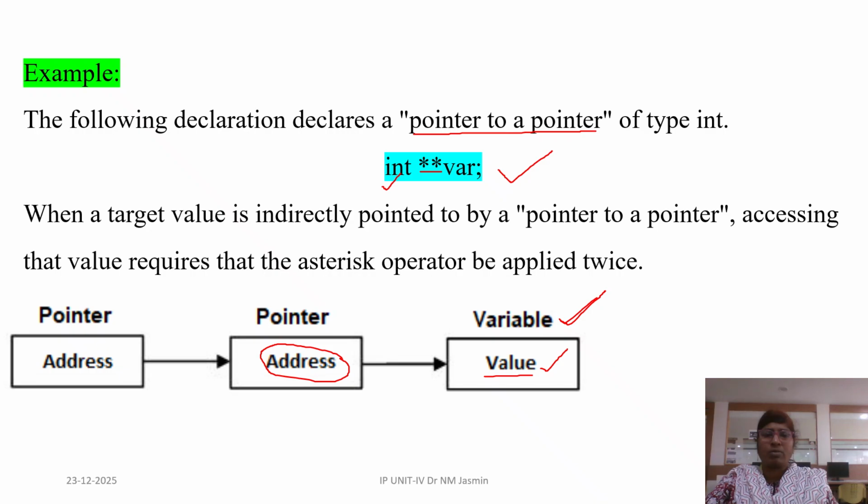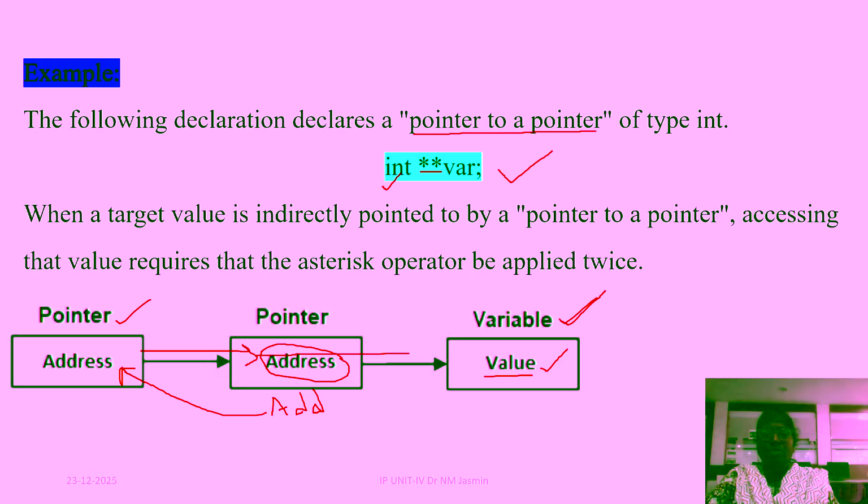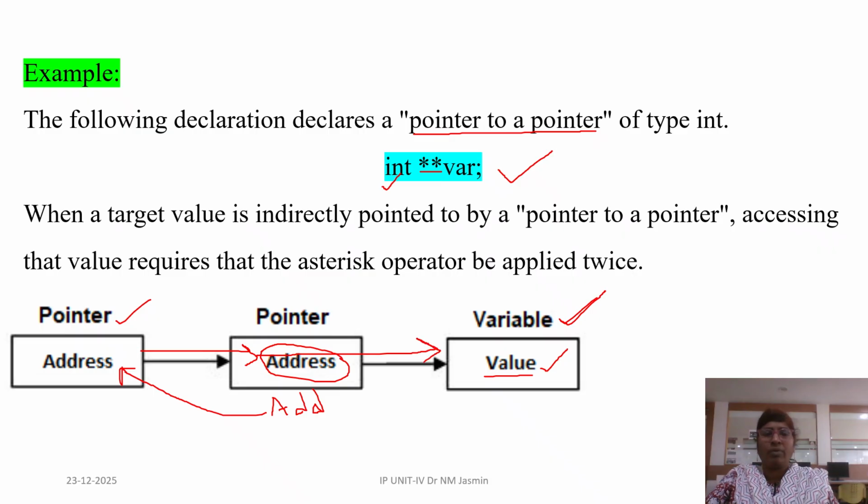The pointer also has an address, because even though it is a special variable, it also has an address in memory. This address is held by the second pointer. This pointer indirectly gives the address of the pointer, and from there it points towards the value of the variable. As it shows two pointers, it is called a double pointer, and it has two dereferencing operators.